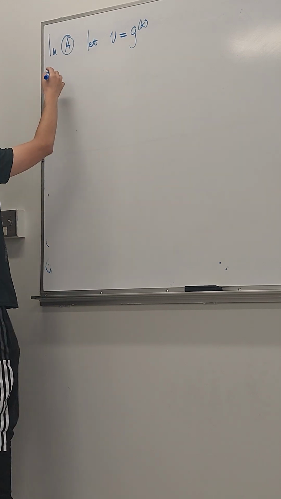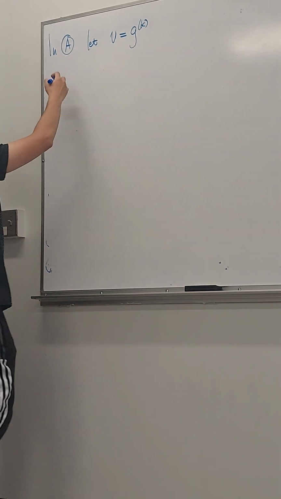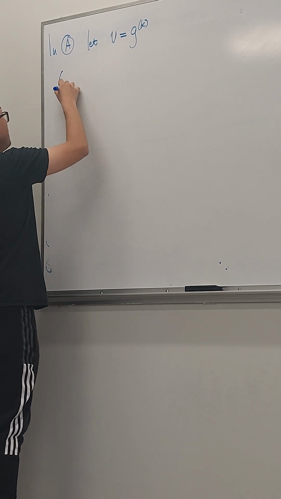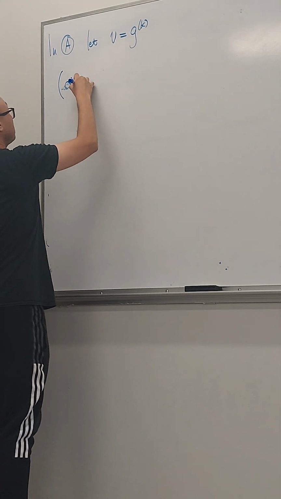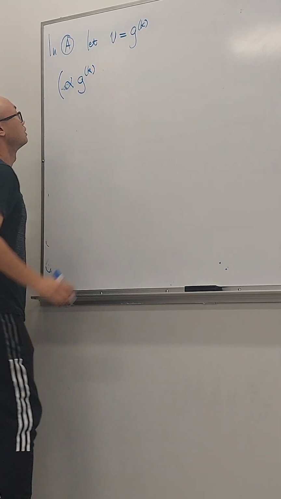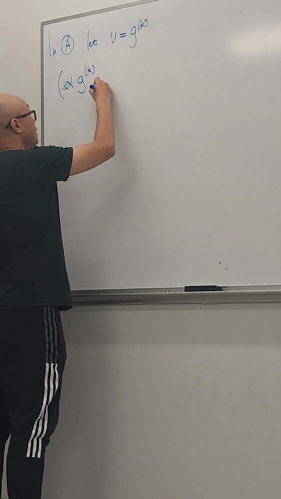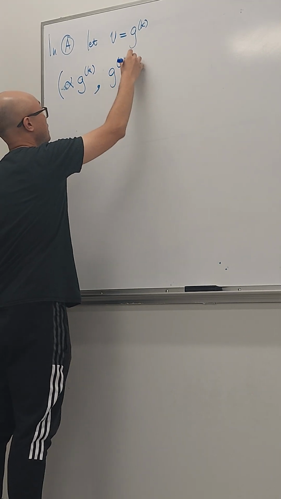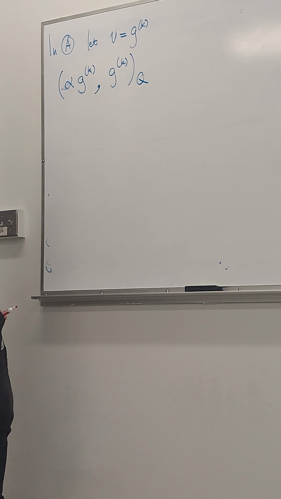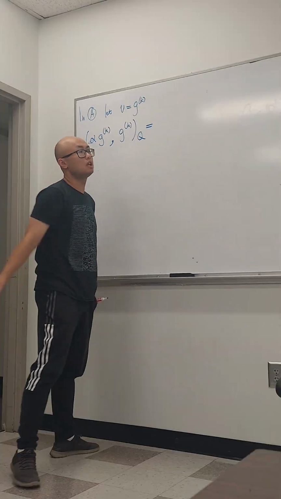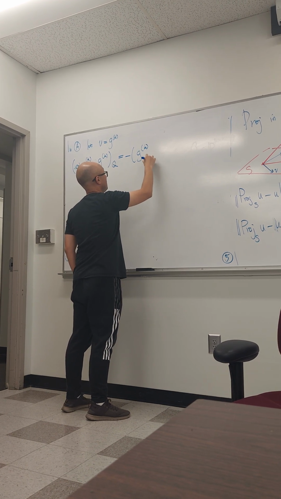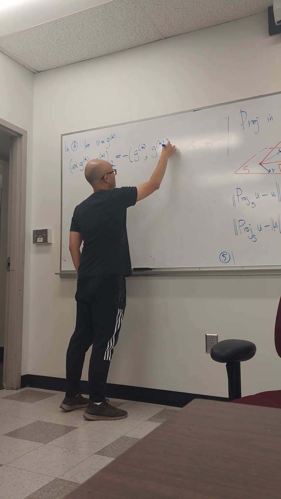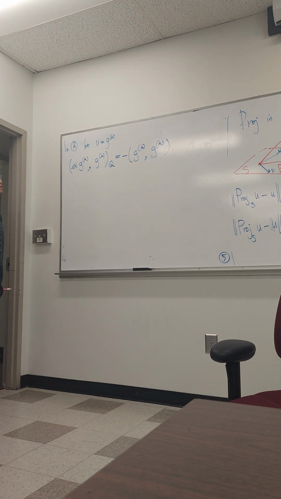Then what we have is alpha gk, with v being gk, this is the q inner product, equals negative gk inner product against gk itself.